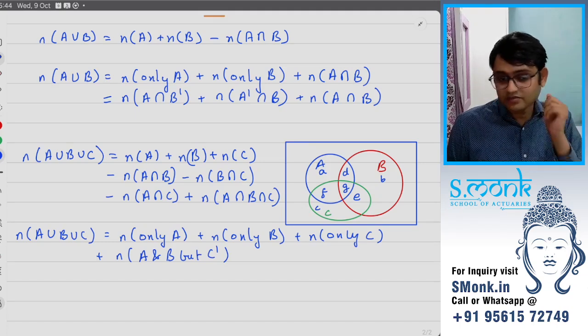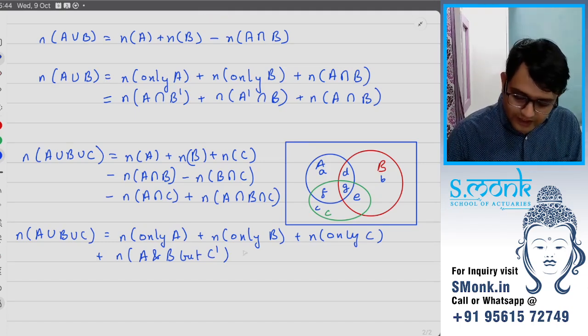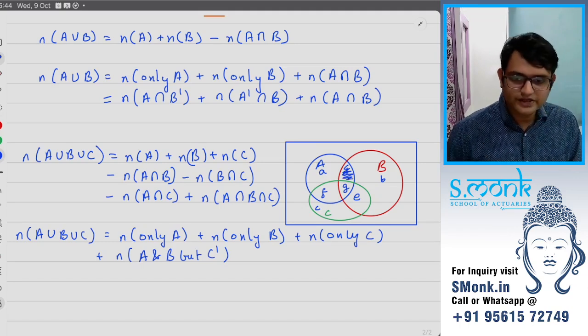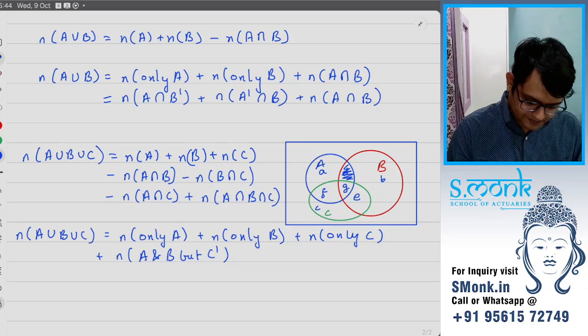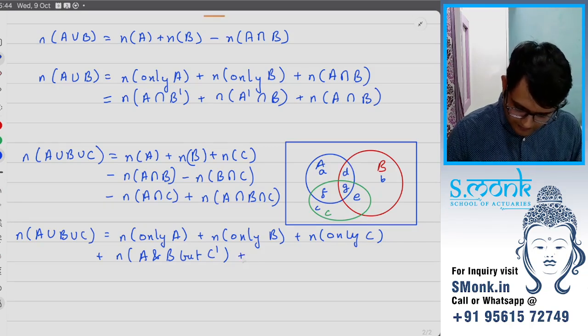A and B but not C. Similarly, that is this D. Okay, that is A and B but not C. I can add up.